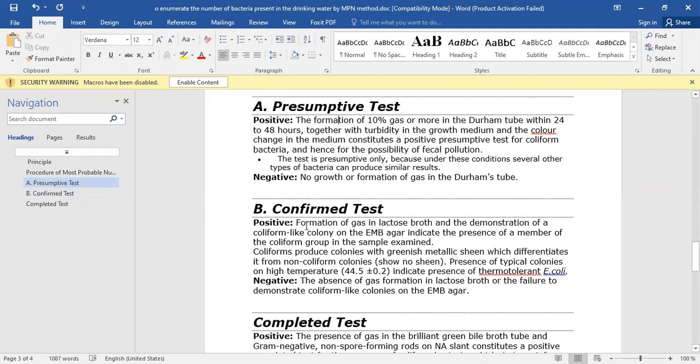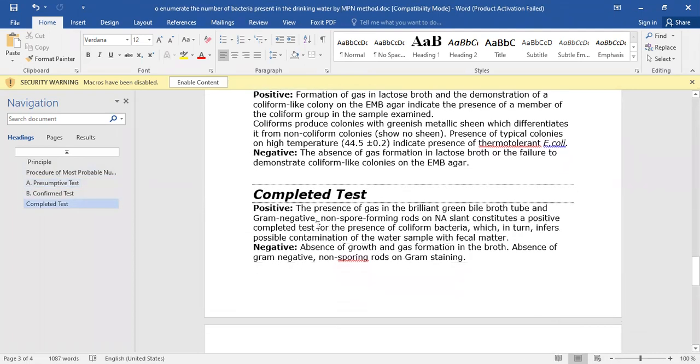Confirmed test: the formation of gas in lactose broth and the demonstration of a coliform-like colony on the EMB agar indicate that the test is confirmed. Coliforms produce colonies with a greenish metallic sheen, which differentiates them from non-coliform colonies. And when will it be negative? The absence of gas formation in the lactose broth or failure to demonstrate coliform-like colonies indicates that the test is negative.